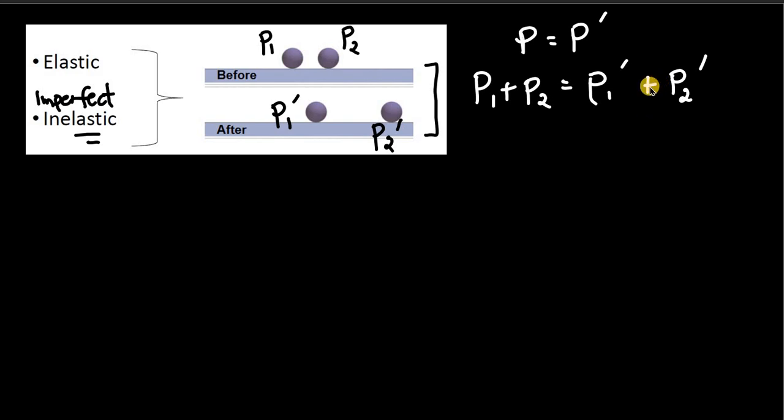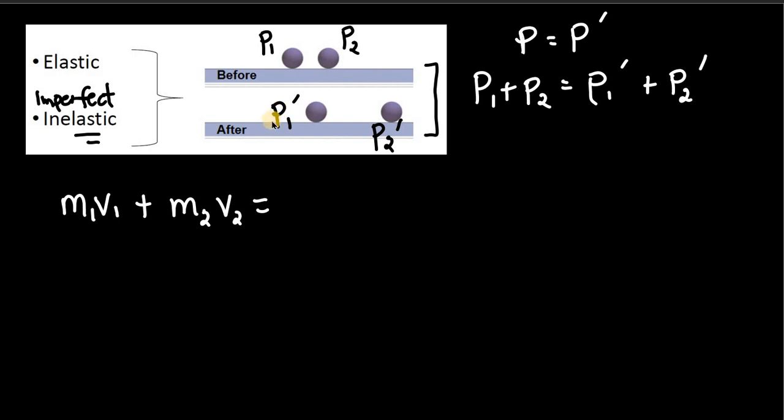Knowing that momentum is equal to mass times velocity, the momentum of the first object will be m1 v1, where the subscript 1 indicates that this is for the first object. For the second object, the momentum will be m2 v2.